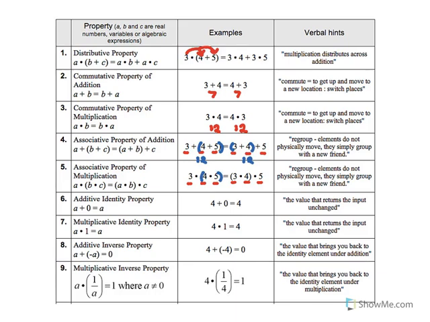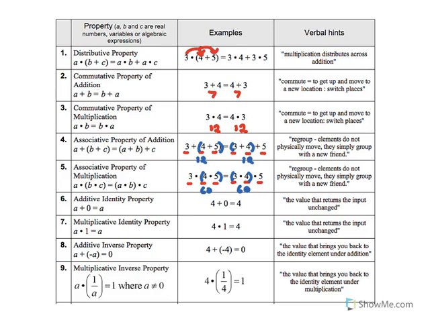If I multiply that by 3, I'm going to get 60. Well, what if I group the 3 and the 4? What if I do 3 times 4 first? Well, 3 times 4 is 12, times the 5 last, still going to be 60. So therefore, that's called the associative property of multiplication.